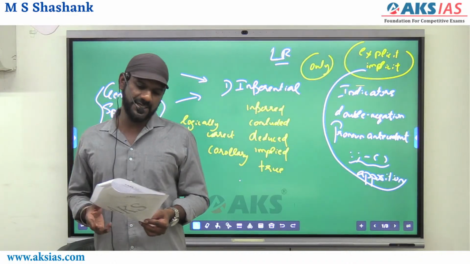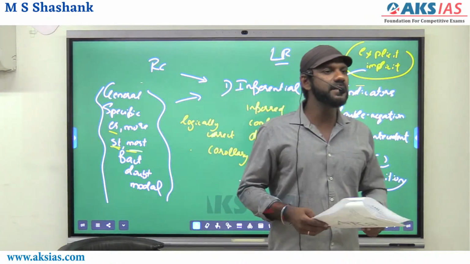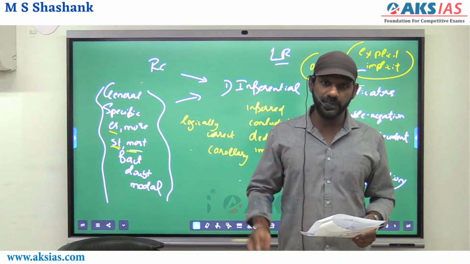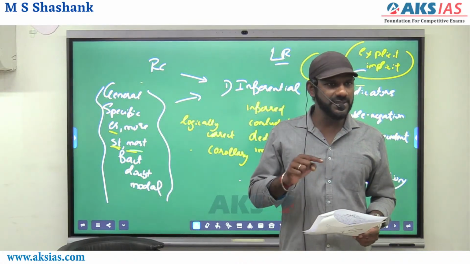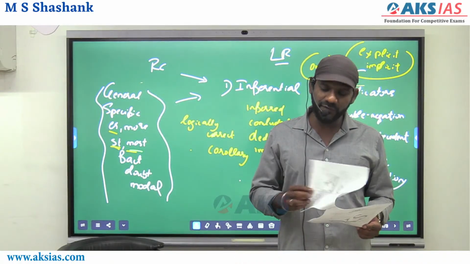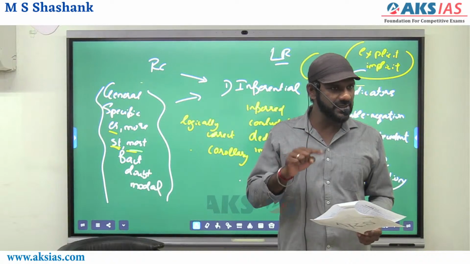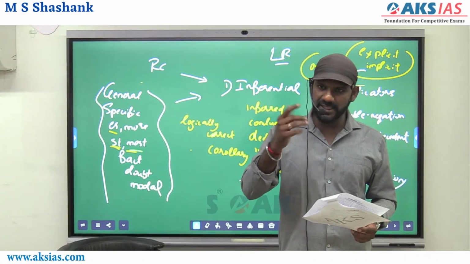Right. The state is using its institutions in a partisan manner. Partisan manner means in a biased manner. Yes or no? Yes. The state is using its institutions to favor the interests of one section of the population. That means the state is using its institutions in a partisan manner. Correct? Yes. D is eliminated.